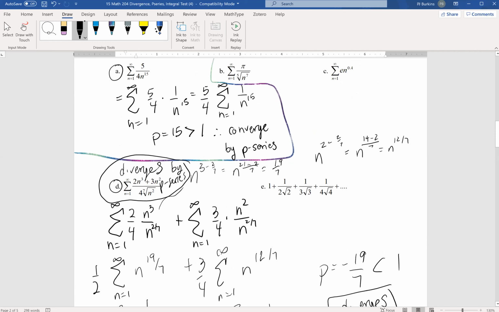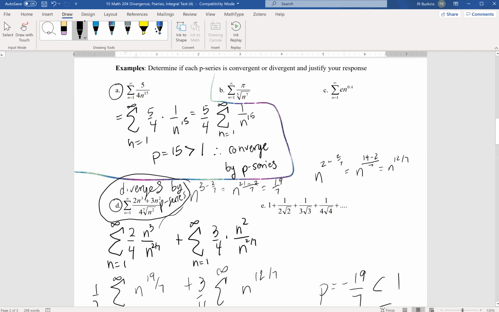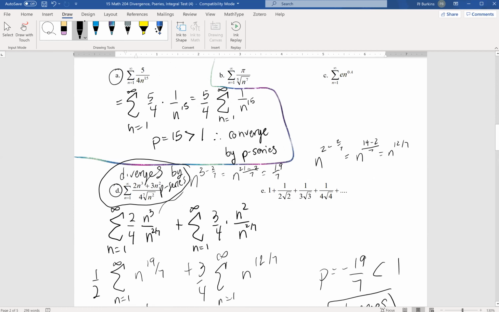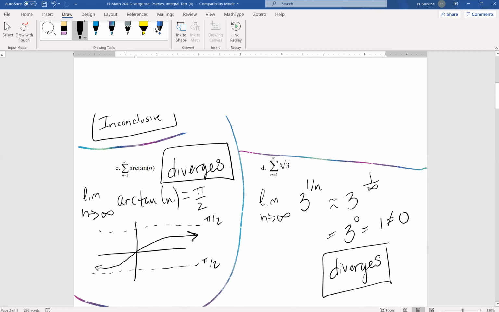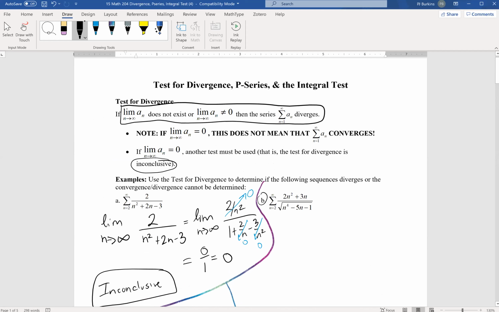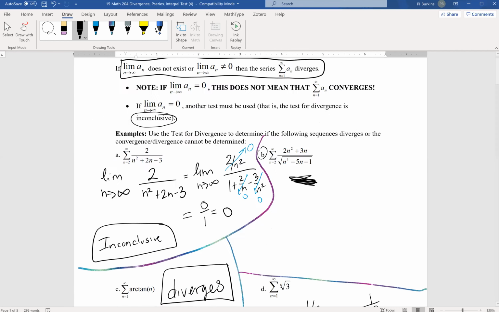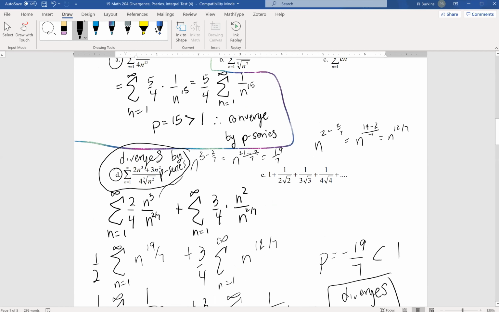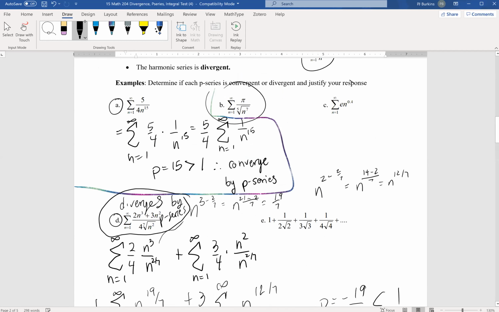So I left you B, C, and E for this one. I think I'll go ahead and break you guys up and let you try these problems. So you have the telescoping, you have this guy right here for test for divergence, and then you have these three for P series that I would like you guys to do.